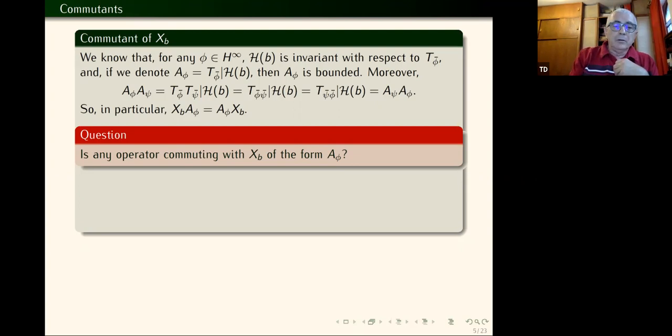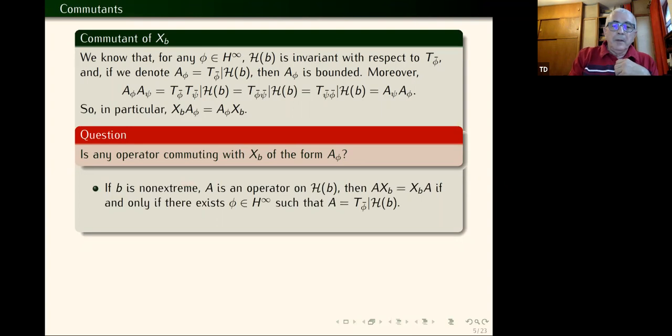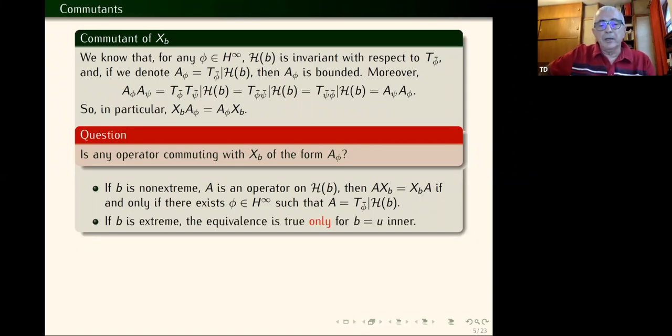Well, this is true if B is non-extreme, namely an operator A commutes with X_B precisely when there exists a function φ such that A is T_φ̄ restricted to H(B). However, in the extreme case, it's a little bit more complicated.